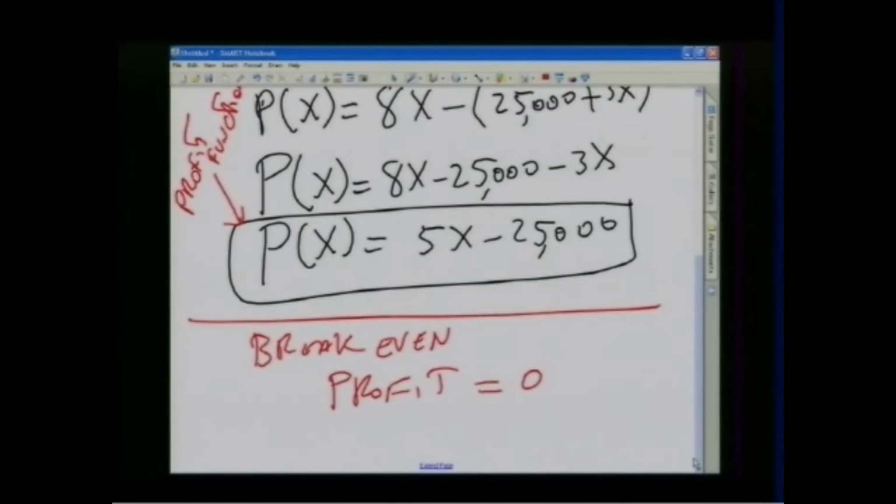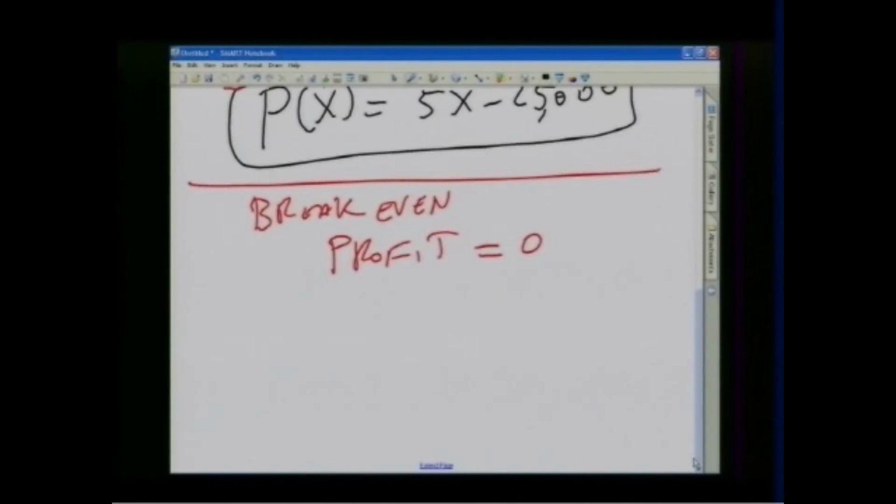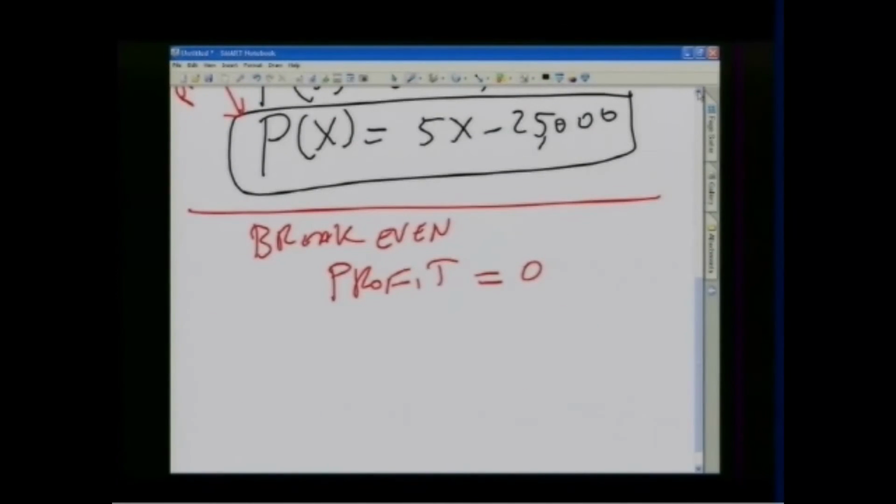So what we have to do is set P of x, which is 5x minus 25,000, equal to 0.